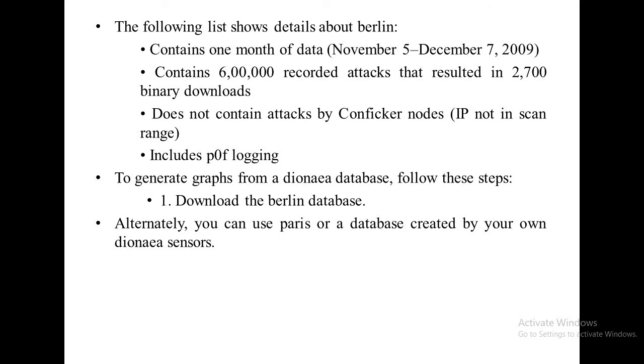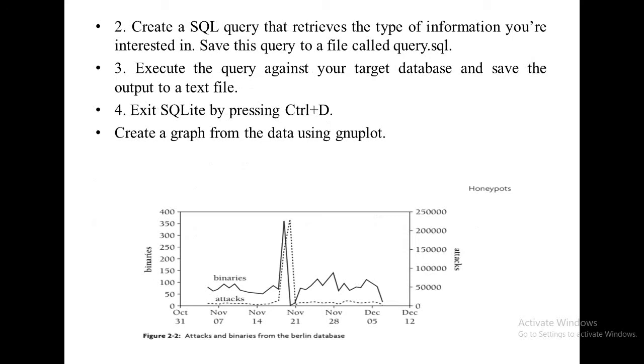Now how can we plot this graph using the Berlin database? First, you have to download the Berlin database. You can also use the Paris database, or create your own. Next, we have to create a SQL query that retrieves the type of information you are interested in, because what information you get from the SQL database is very necessary.